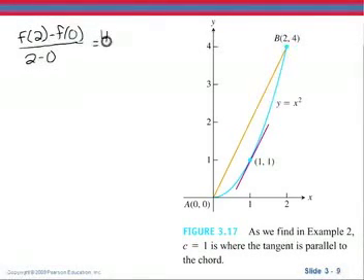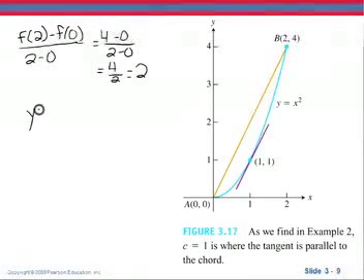Well, f of 2 is 4, f of 0 is 0, which gives us 4 over 2, or 2. Now what the mean value theorem says is that there's some point along that graph between those 2 points where the slope is equal to 2.